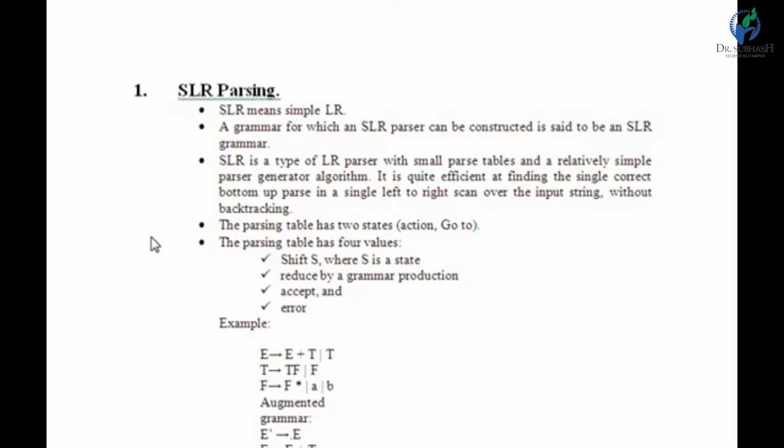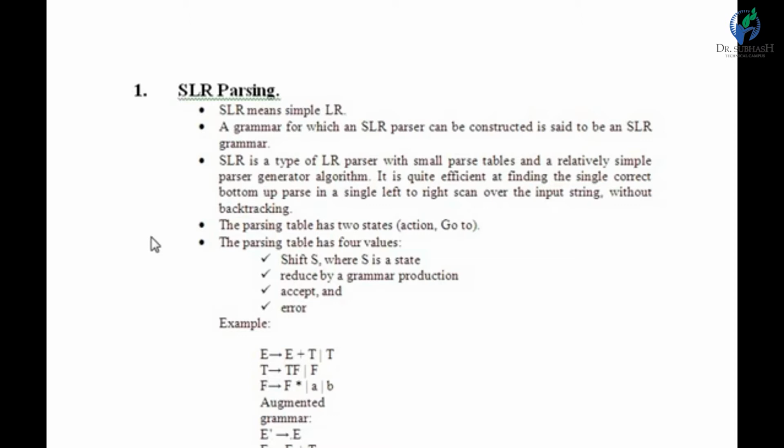Sometimes terminologies are asked in exams, like augmented grammar and viable prefix. Viable prefix is a set of prefixes in the right sentential form of the production A gives alpha, that is, this set can appear on the stack during shift reduce action.